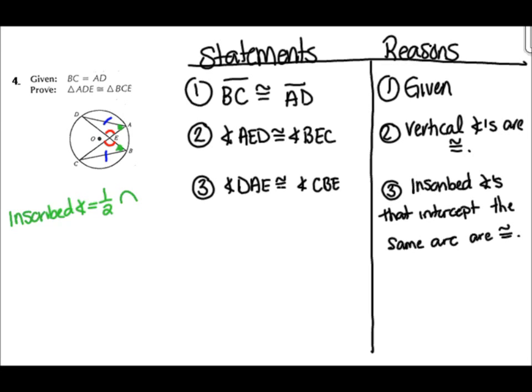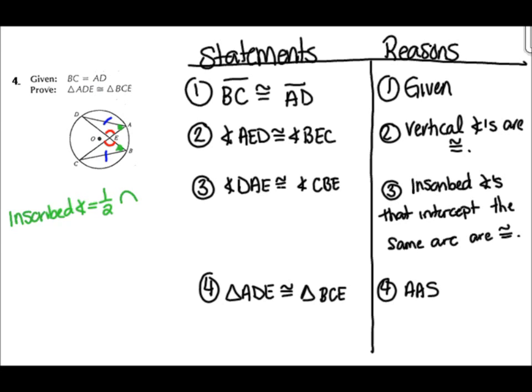So if you have 2 inscribed angles that are both across from the same arc, then those 2 angles are congruent. Well, now I can end my proof. We can say triangle ADE is congruent to triangle BCE, and my reason is by angle, angle, side. Great job.